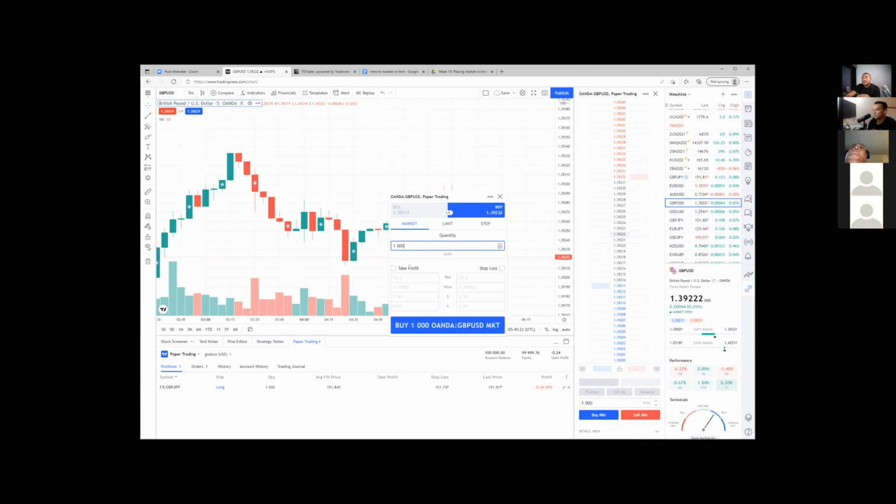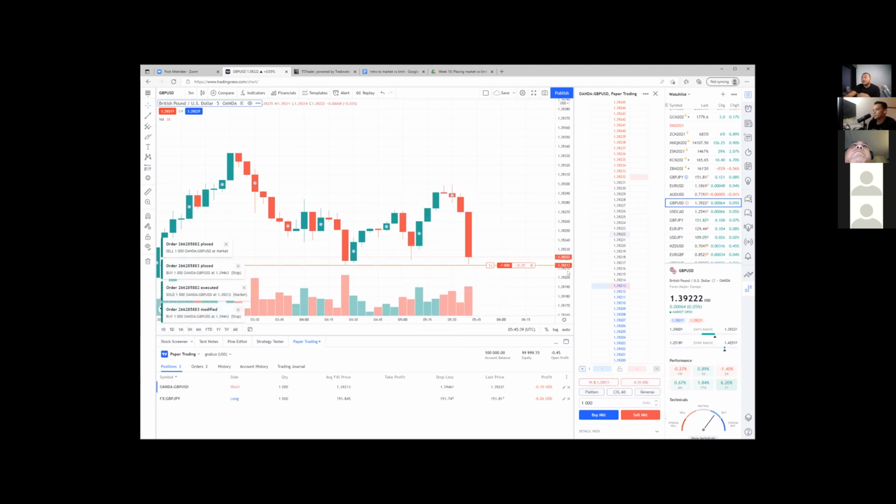As you can see, there is no price I'm entering, but I do still want a stop loss. This is your lot size, 1,000 units. I want to short market with my stop loss. Boom, I'm in. You see how even though price is currently at 0.3922, I got filled at 0.3921, because that is what the broker was able to get me in.